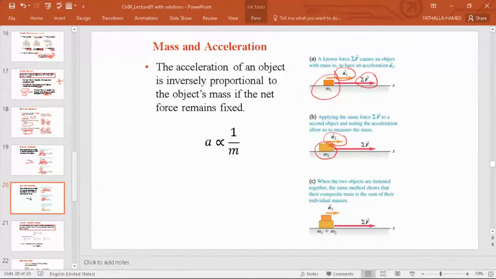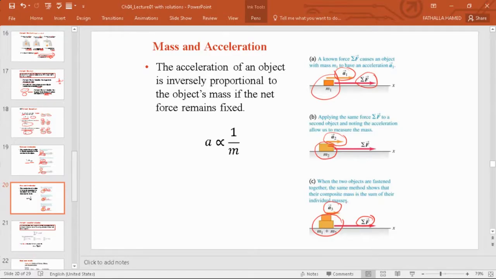Now, if I combine the two masses, M1 plus M2, and I apply the same force, I will measure a different acceleration. And you find out that this acceleration, if you look at the arrows here, is longer, then less, and then less.